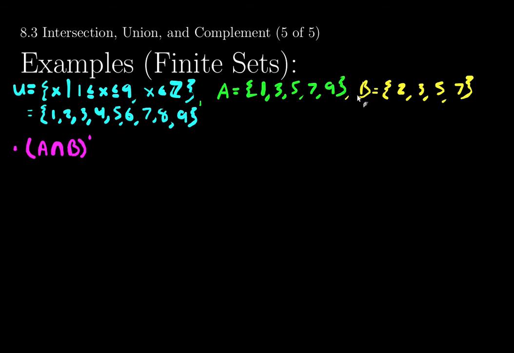So they share 3, 5, and 7. Now, the complement of that is everything else. So if they share 3, 5, and 7, the complement is going to be everything that's not that. So if I take out 3, 5, and 7, what's left over in the universe will be this answer.